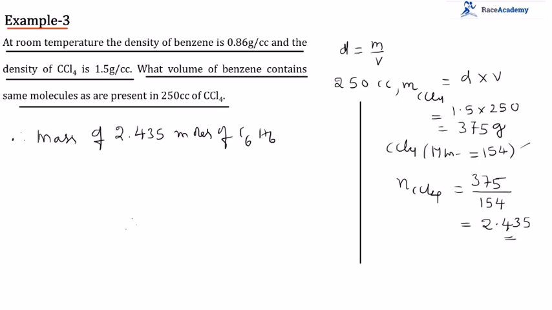As you know, 1 mole of benzene is 78, so 78 into 2.435. If you multiply this, you will get 189.93 grams as the mass of that benzene.